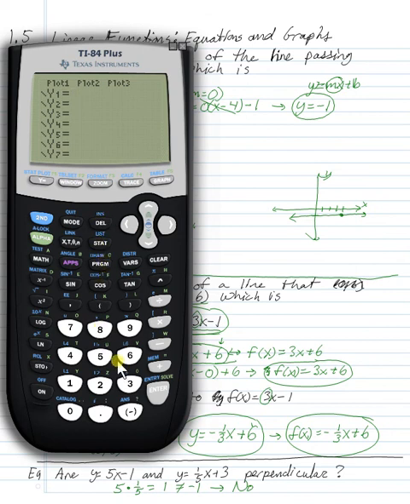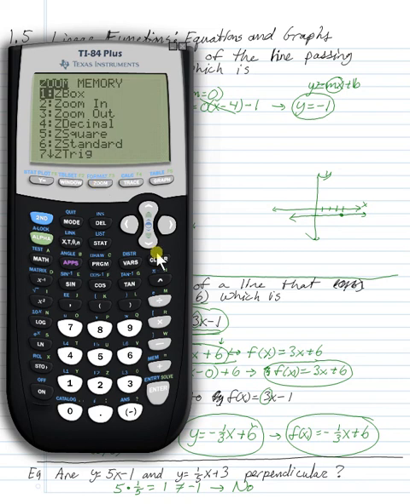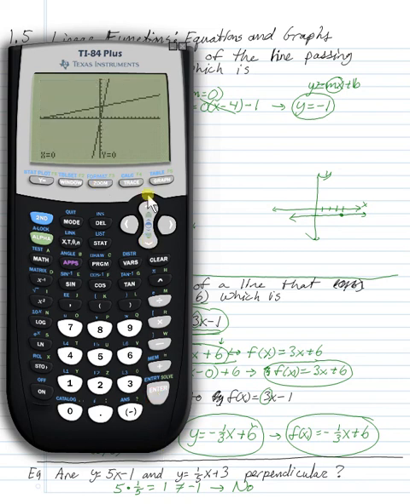If I go to the y equals screen, I'll clear out the old functions, and I'll enter our first line, 5x minus 1, and our second line, 1/5 x plus 3, and we'll graph. Again, our window is satisfactory to see both of these. If it's not, you can always try a fit zoom, but these definitely don't appear to be either parallel or perpendicular.